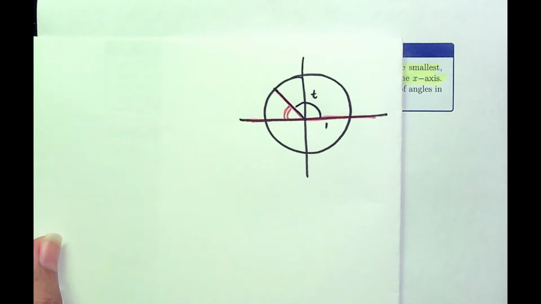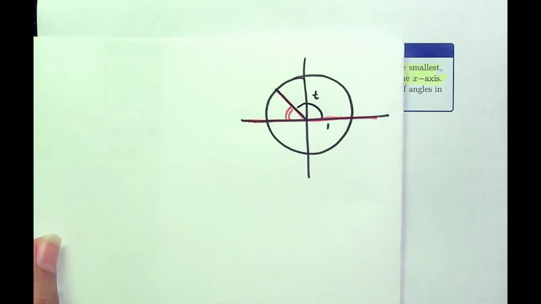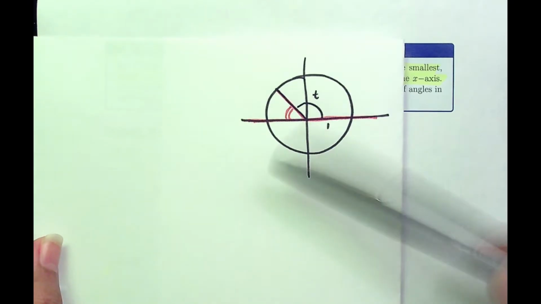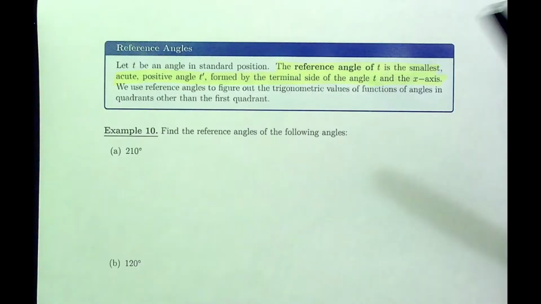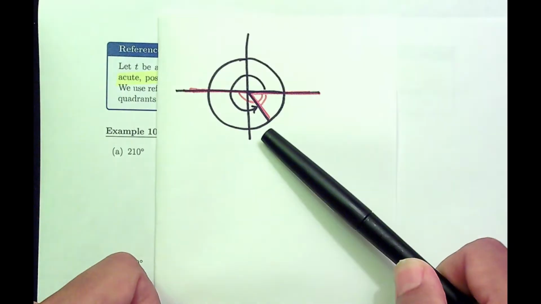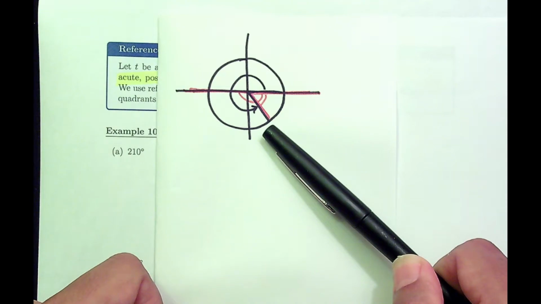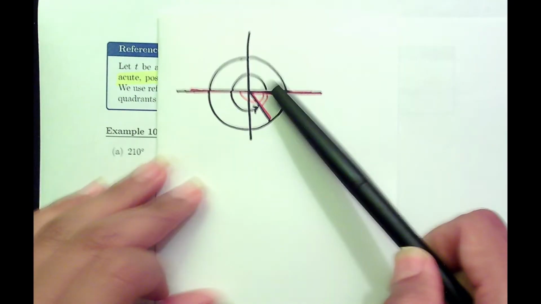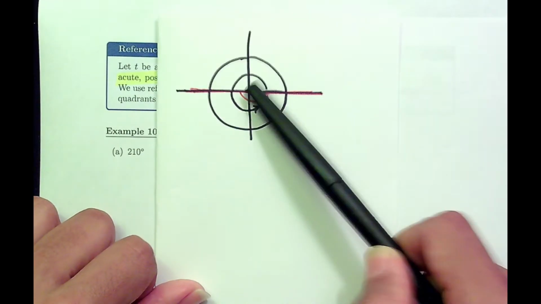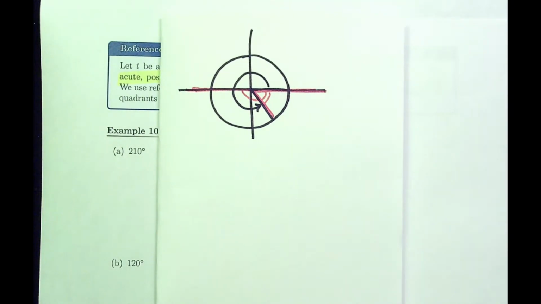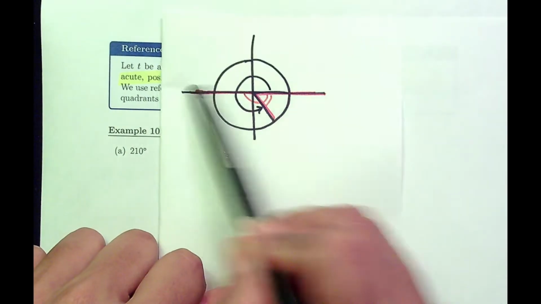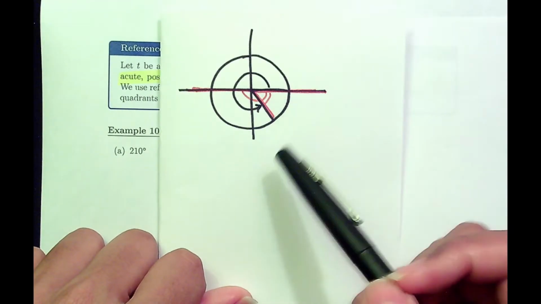And once we find the reference angle, we typically redraw it in the first quadrant. In this picture, we haven't done that, but typically once we find it, that's what we're going to do. Okay, so here's another situation that you could have, that the original angle is in quadrant 4. Suppose this is the original angle. That's the terminal side. So when you consider the terminal side and the x-axis, there are these two angles formed.